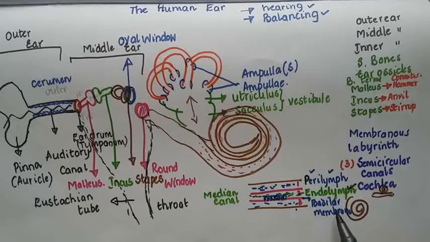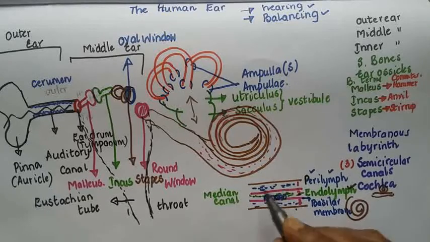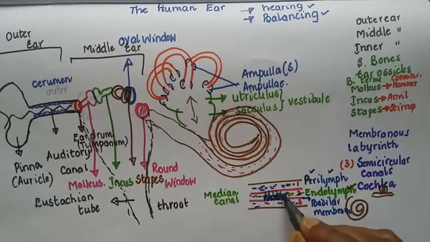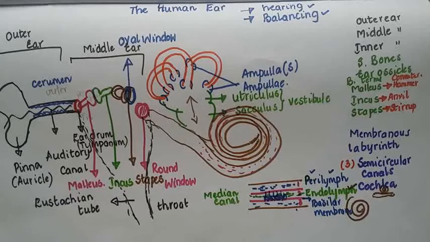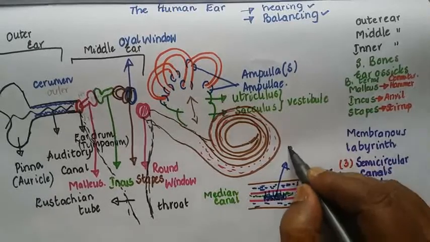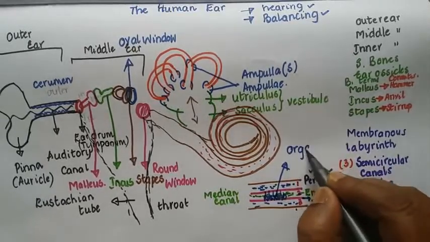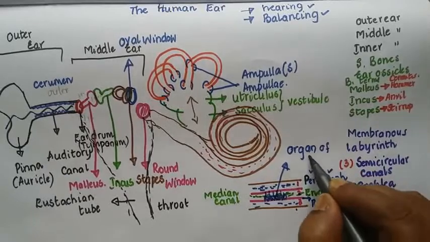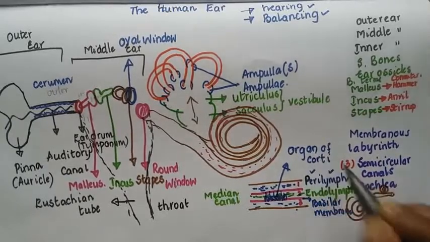So on the basilar membrane of the median canal in the cochlea we find specialized nerve cells, and these are known as the organ of Corti.